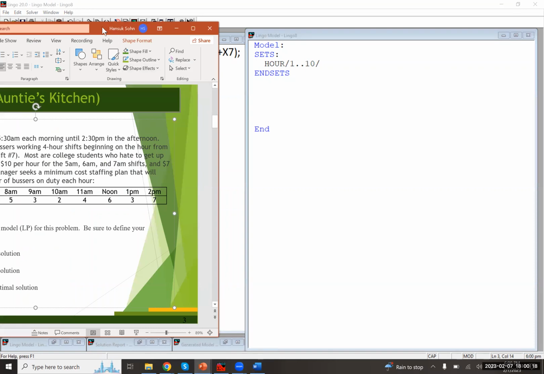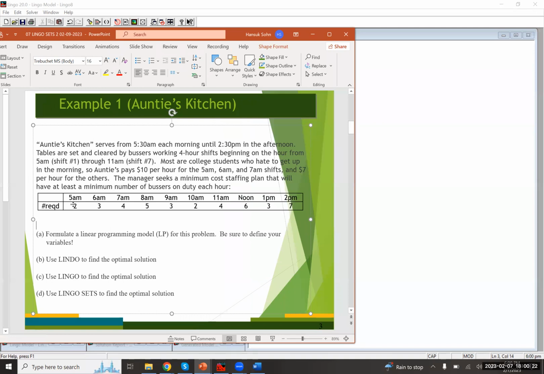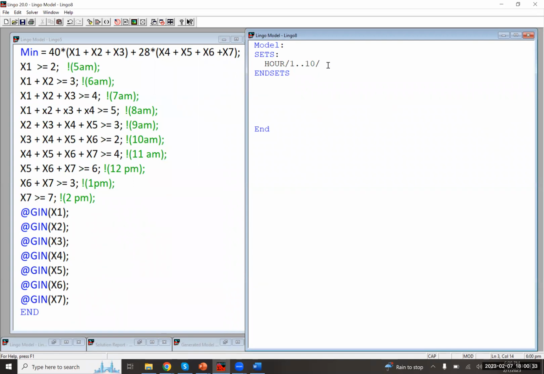That is the number of employees required for each hour, right? So I'm going to use requirement, let's say RQMT, requirement. Okay, that's one of the attributes for our set.